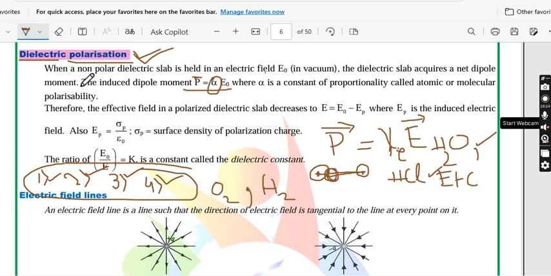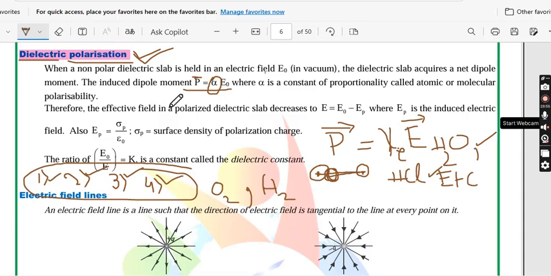I have told you about polar and non-polar molecules. In the same way, when a non-polar dielectric slab is held in an electric field E naught in a vacuum, the dielectric slab acquires a net dipole moment. The induced dipole moment is P bar equal to alpha into E naught, where alpha is the atomic or molecular polarizability.